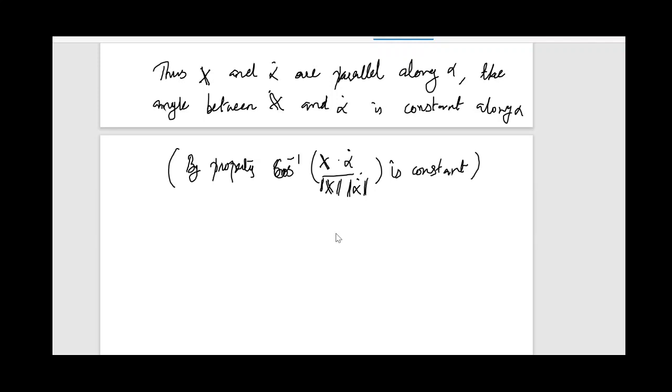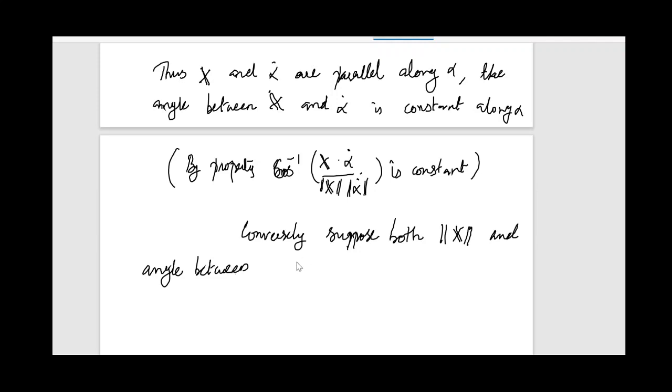So conversely, suppose both norm X and the angle between X and alpha dot are constant along alpha.